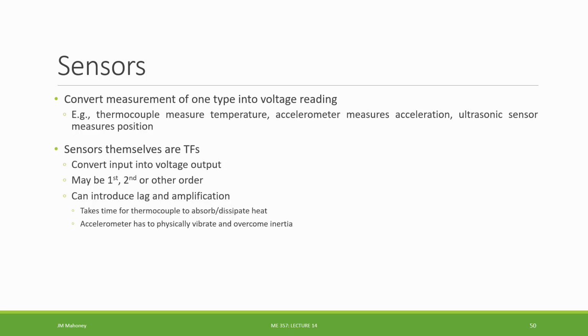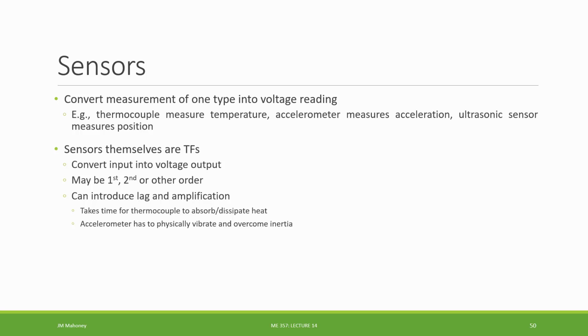But we can see that for a thermocouple, if it's immersed in a liquid, it's going to take time for that thermocouple to come up to temperature and give us the correct reading. Or if the liquid is cooling, it's going to take time for it to dissipate its heat and give us the correct reading. It doesn't instantly give us the correct value.